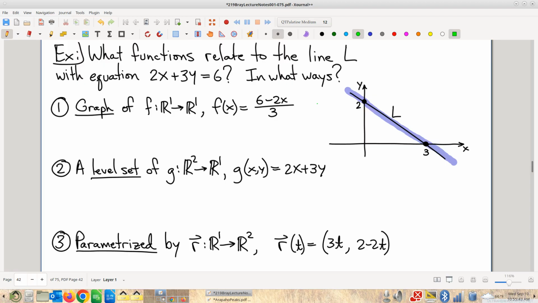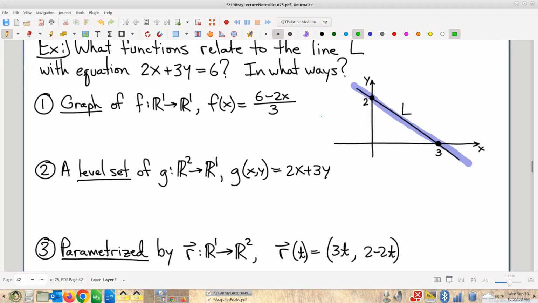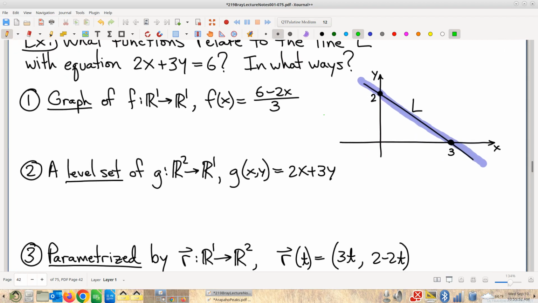Absolutely. But then for the level set, you can either make it an R2, or you can set it all equal to a new variable as well. Well, now this does have to be, we are kind of stuck with this being two-dimensional. Because this is an equation of two variables, and we can't really do anything about that. But we do have some options down here. So obviously, if I set this equal to 6, then that gives me that.